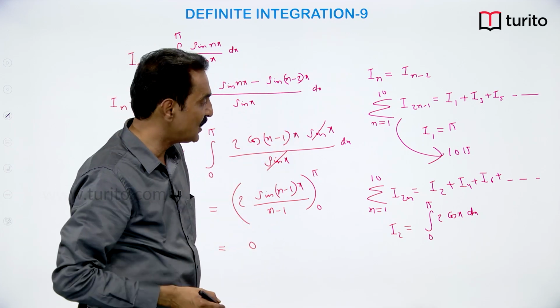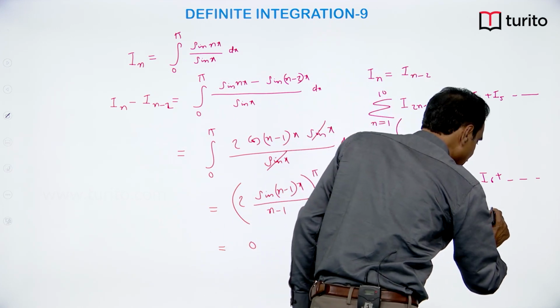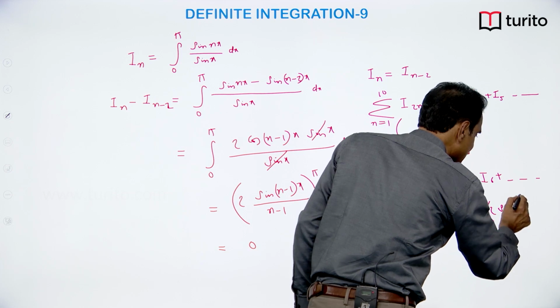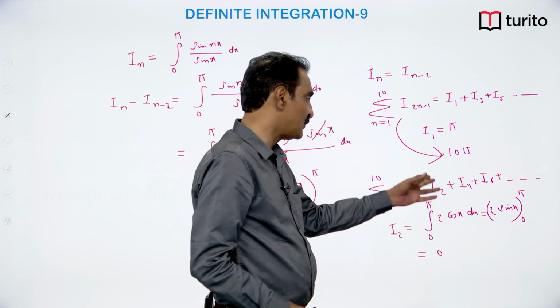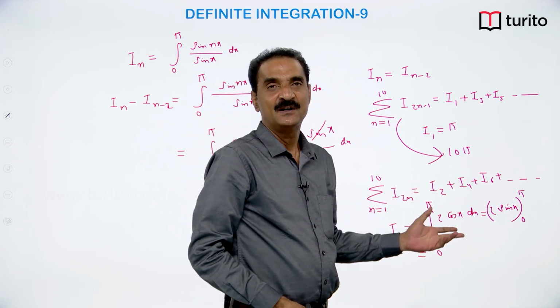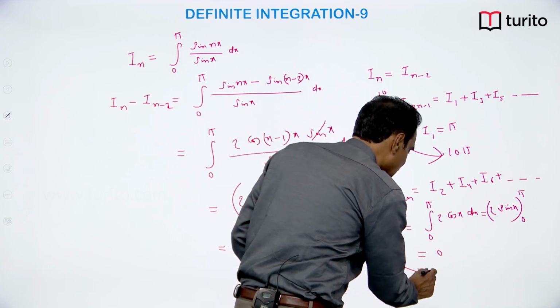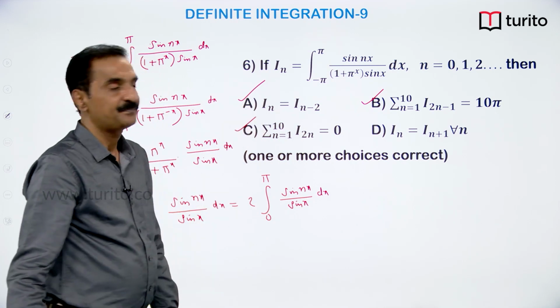Cancelling sin x, you will get 2 cos x. If you calculate, integral of 2 cos x is 2 sin x, and substituting limits, what will you get? 0. I2 is 0 means I4 is 0, I6 is 0, all are zeros. So if you add 10 zeros, you will get this sum as 0. So this option is correct.